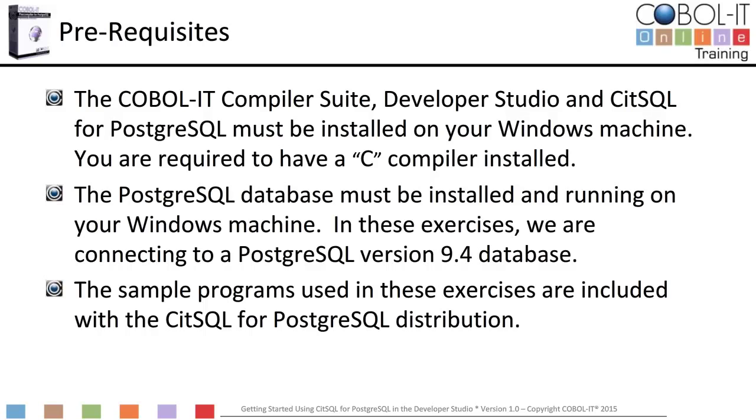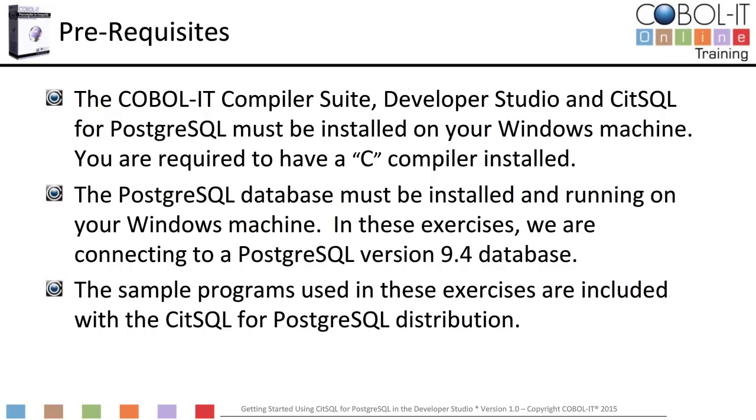Prerequisites. The COBOL-IT compiler suite, Developer Studio, and CitSQL for PostgreSQL must be installed on your Windows machine. You are required to have a C compiler installed. In these exercises, we are connecting to a PostgreSQL version 9.4 database.